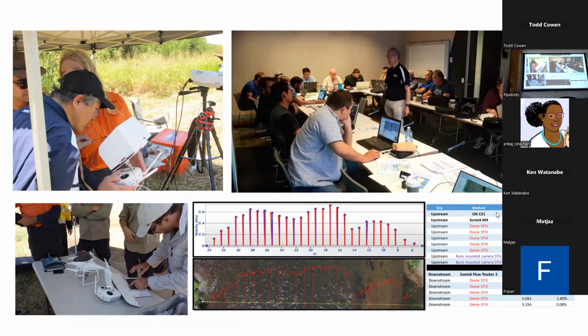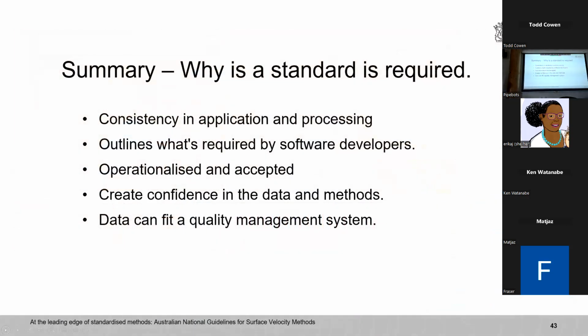So, just as a final summary, why is a standard required? Well, because it's all about consistency. It's about getting your data into a quality management system, creating confidence in that data and operationalizing those techniques.